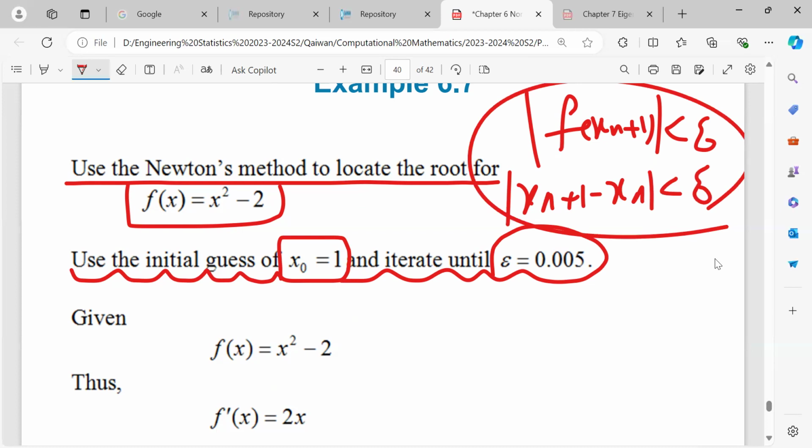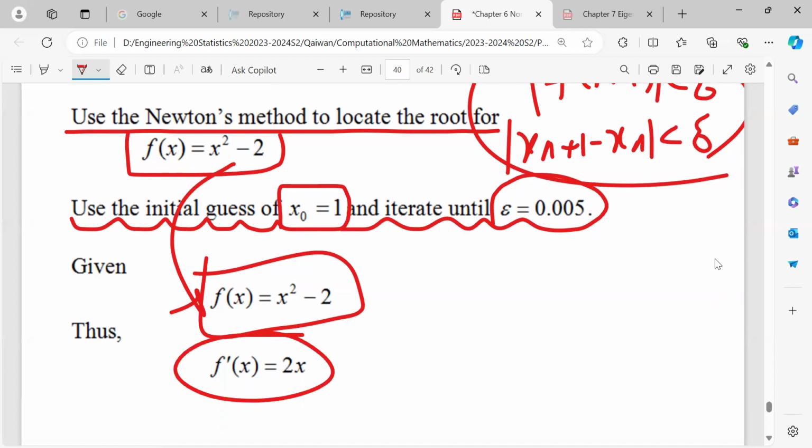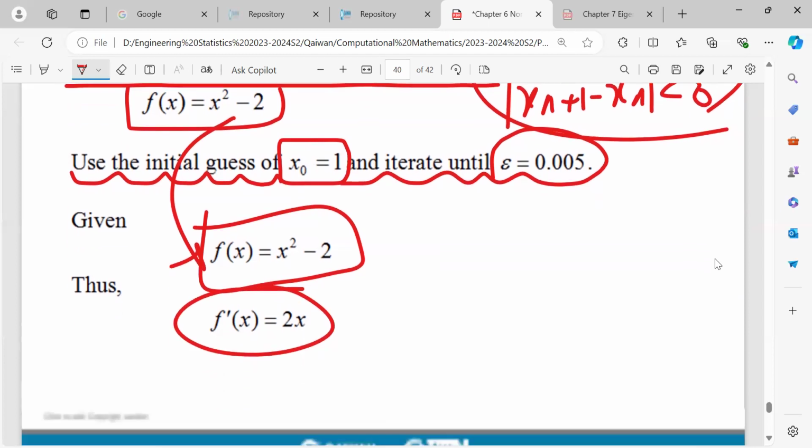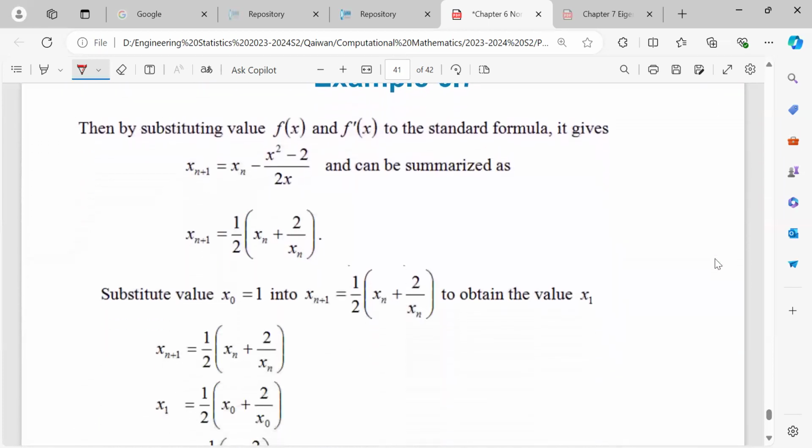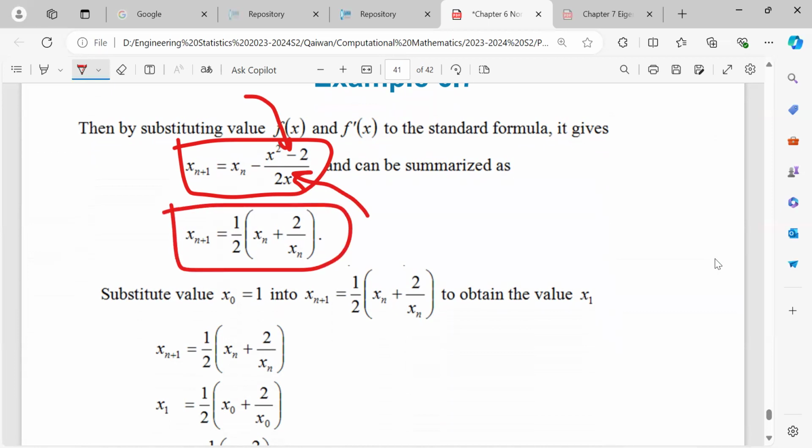Okay? What we do, this is f of x. Then we find its derivative, and we evaluate. This is the rule. This is f of x and this is f prime of x at x_n. This is the reduced one, but we could use this one also.